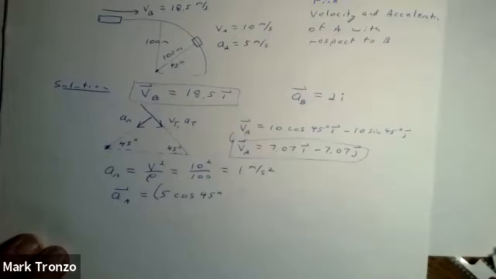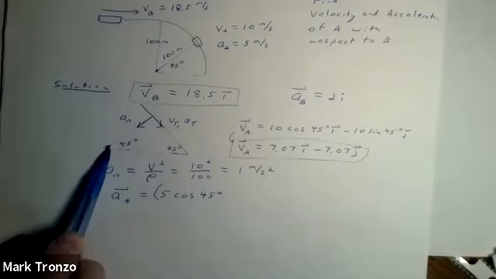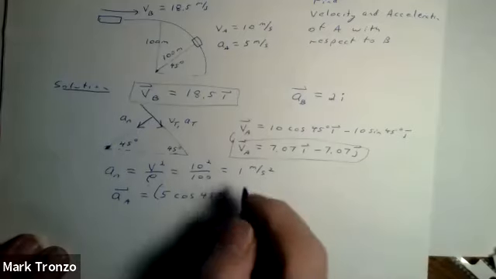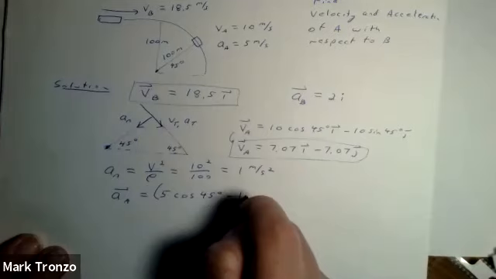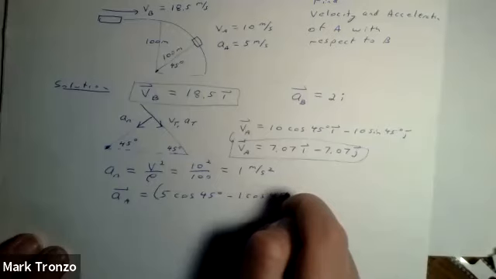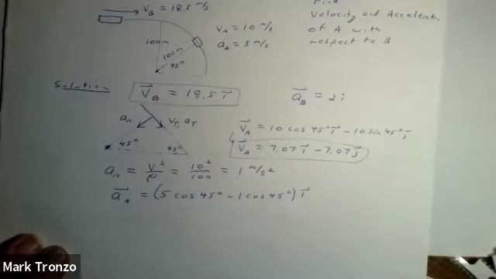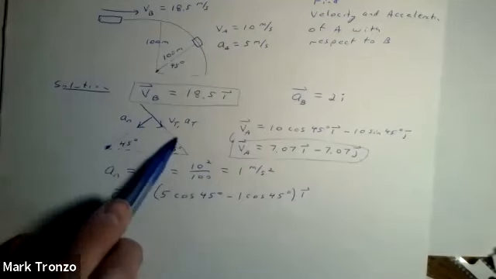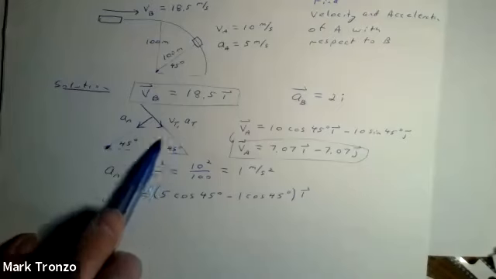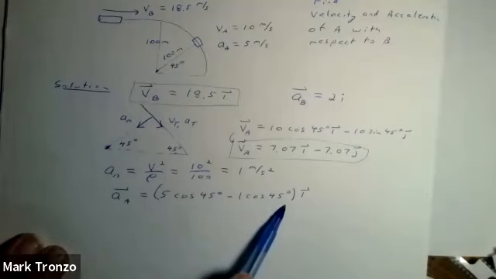So we know that's 1 meter per second squared, and it's going in this direction. Would that be minus 1 cos 45? Does that look right to everybody? If we have the tangential there, 5 cos, the normal is here in the negative direction, minus 1 cos.